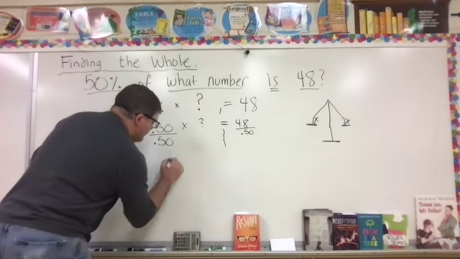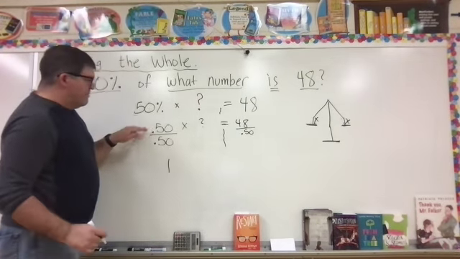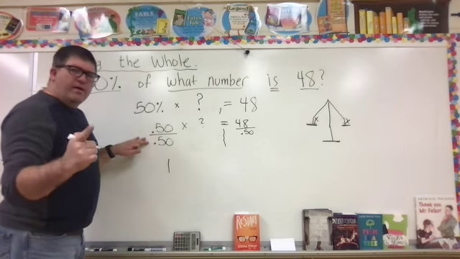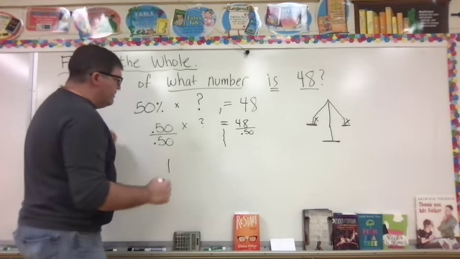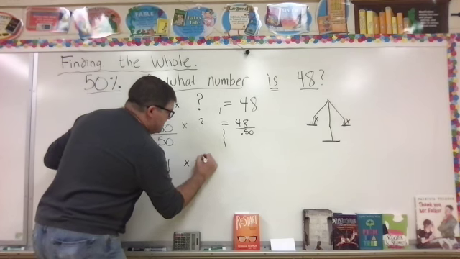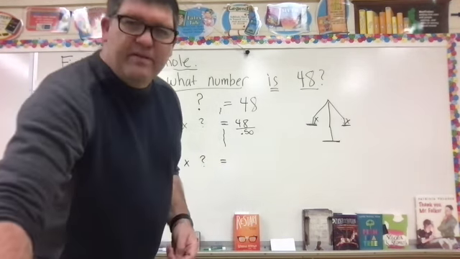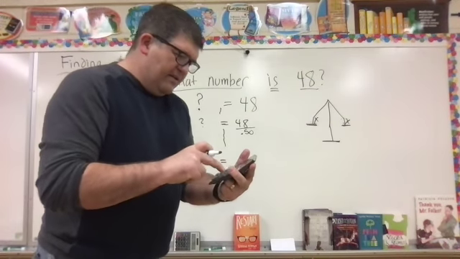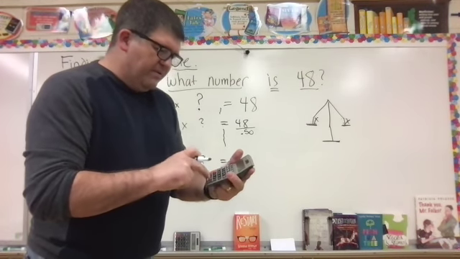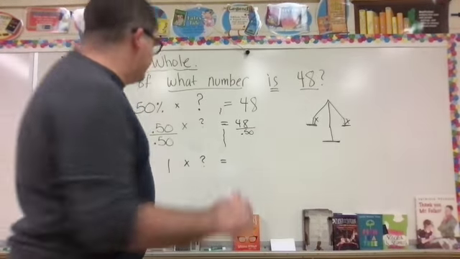Sweet. When you divide something by itself, you'll always get 1. So I get 1 there, times some number equals, now I got to do this. 48 divided by 0.50 equals 96.